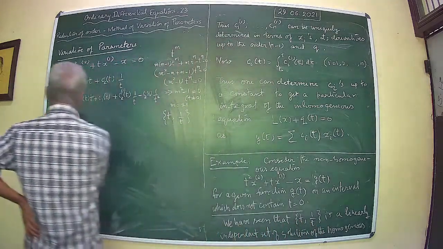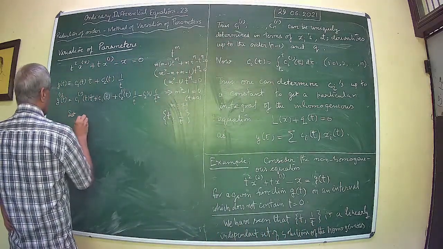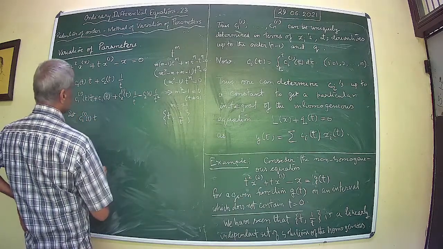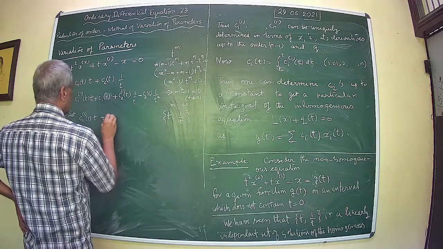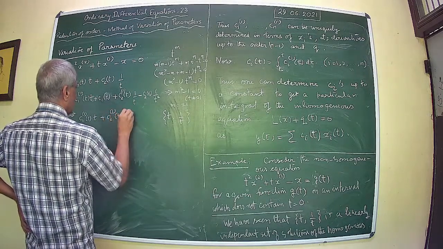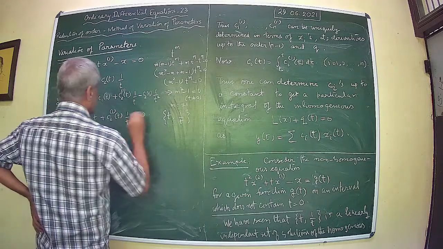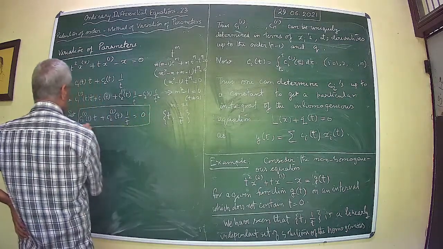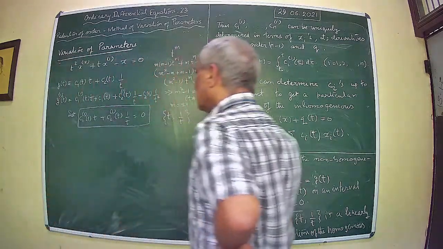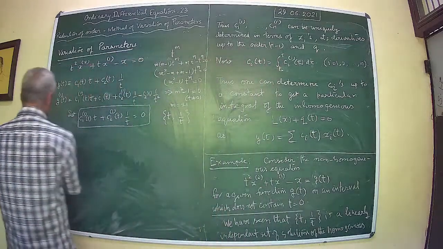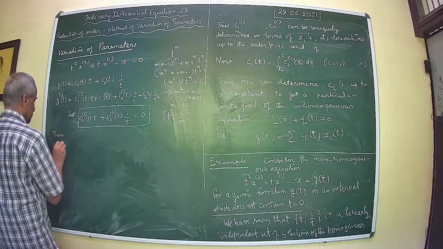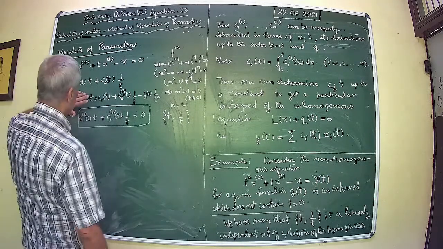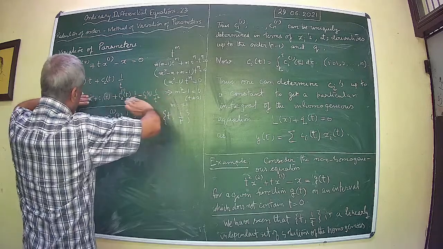Now set that equal to zero. It's the first equation. Okay. Now what about the second derivative? This term plus this term will go and you are left with this.